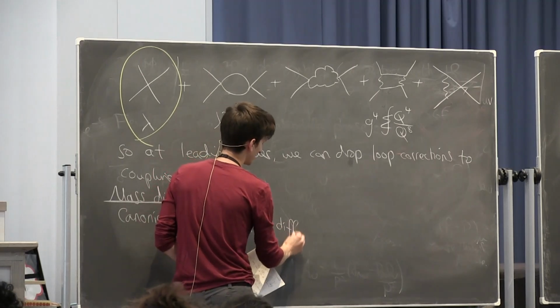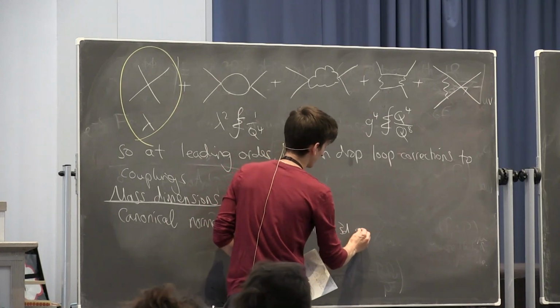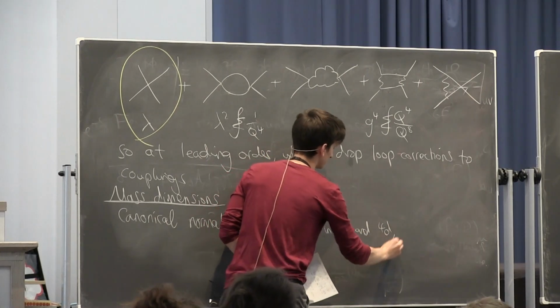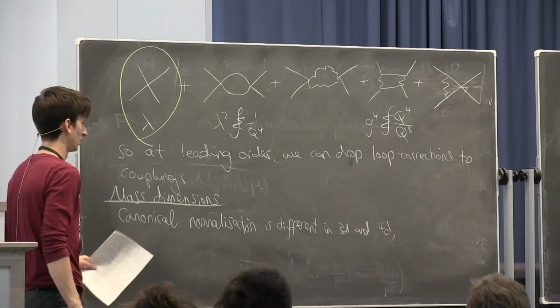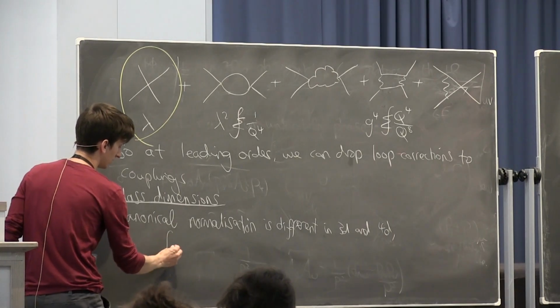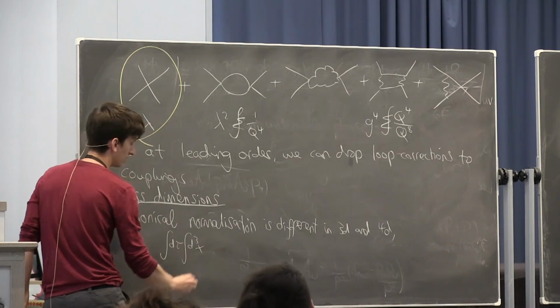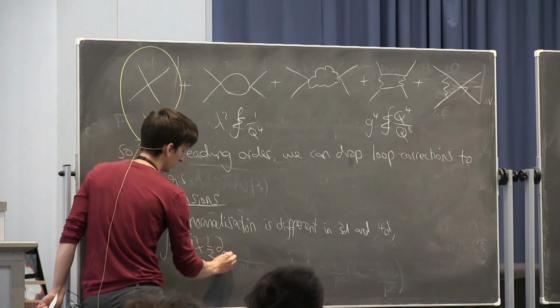But canonical normalization is different in 3D and 4D. And we can see this by, in 4D, I would get something like this.